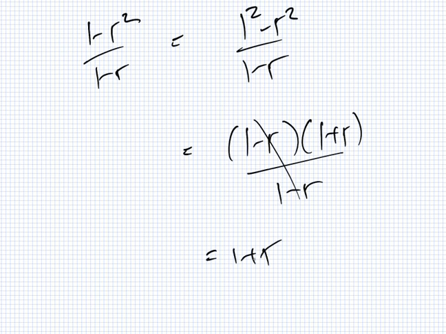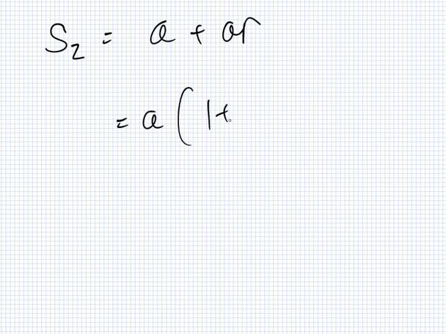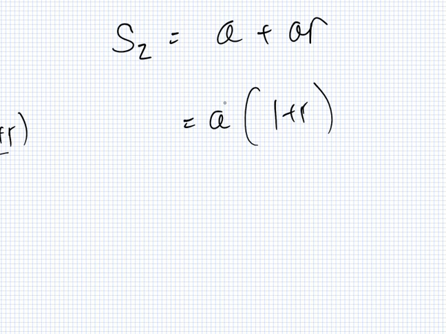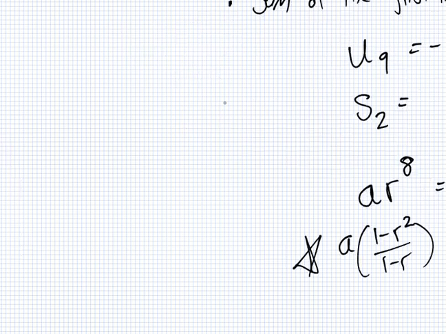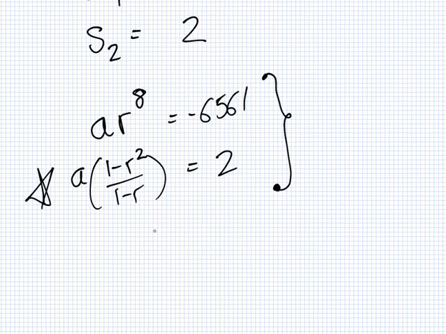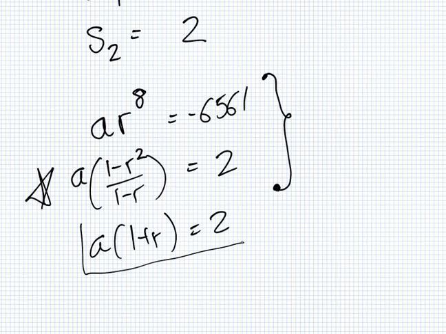And some people are thinking, oh, I have another way to do it. If I have S2, that's just the first term plus the second term, which is the same as a times (1 plus r). So whatever way you want to think about it, you can change the second line into a(1 plus r) equals 2. So we care about this line, and we care about this line.